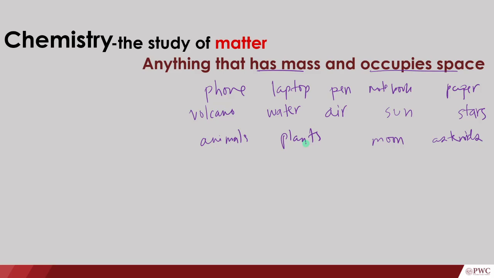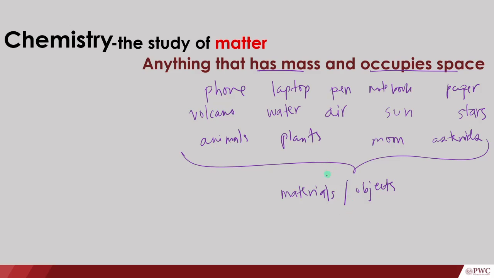So as you observe, matter is all around us. So we are surrounded by matter. So most of the things that we can see are forms of matter. And we also refer to these things as materials or objects.